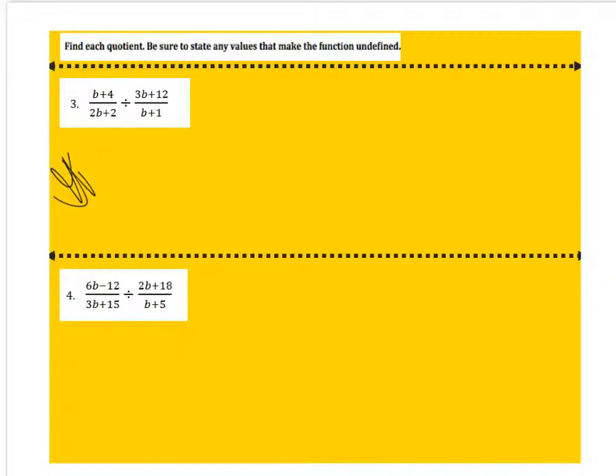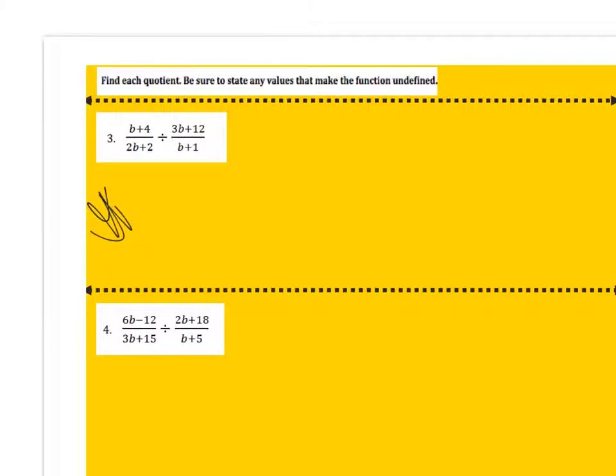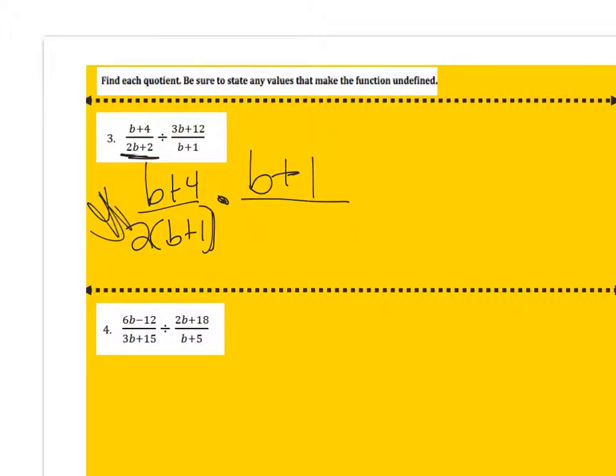Number 3 is the same kind of idea, but now I'm dealing with binomials. Keep the first one the same. Actually, I want to factor that. Factoring just makes my life easier. I'm going to factor this 2b plus 2 into 2 times b plus 1.